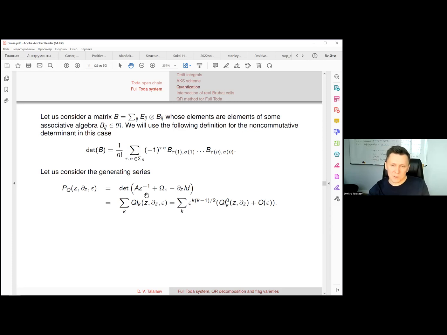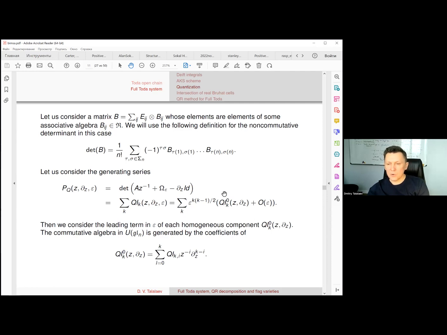So I consider its elements as generators of the associative algebra, which is the universal enveloping algebra of the corresponding Lie algebra. And apply this non-commutative determinant to this form, and also decompose this expression into the sum of homogeneous parts in z and d over dz.